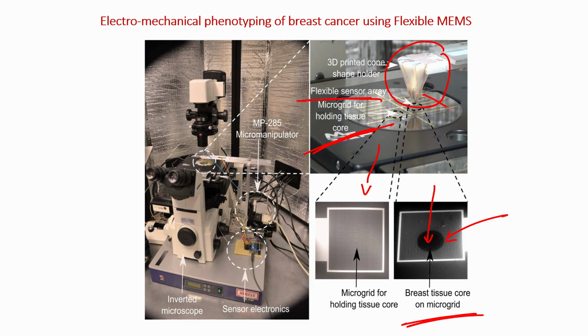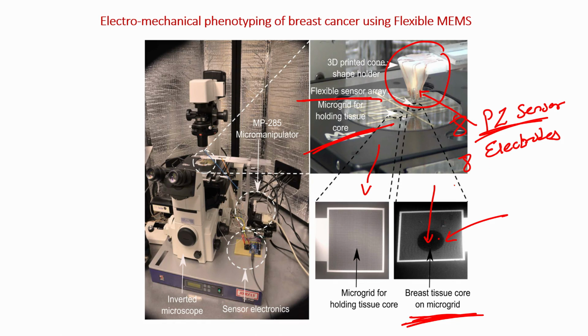You know that this chip has piezoresistive sensors and it has 8 electrodes. So, when this sensor touches the tissue which is placed on the microgrid, because of the stiffness of the tissue, the piezoresistive sensor will bend, and this bending will cause a change in resistance, and that resistance corresponds to the elasticity of the tissue.